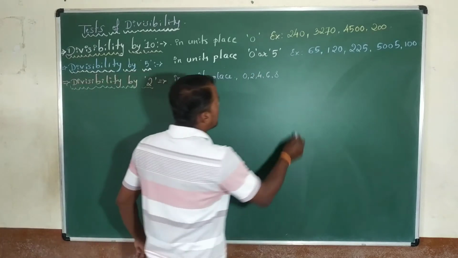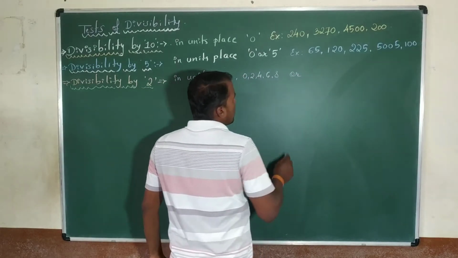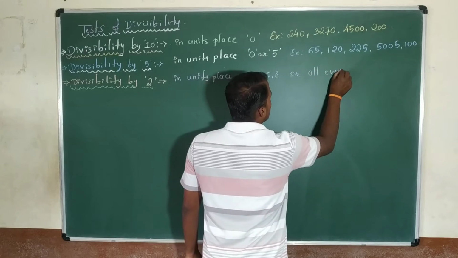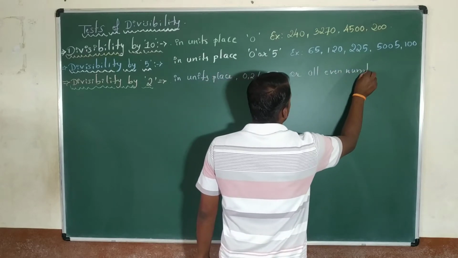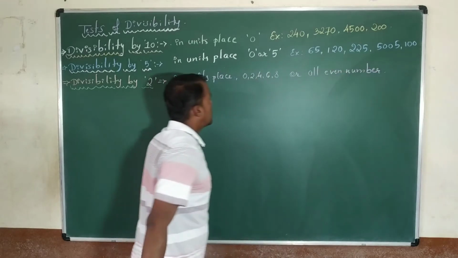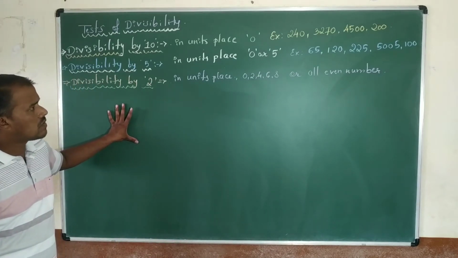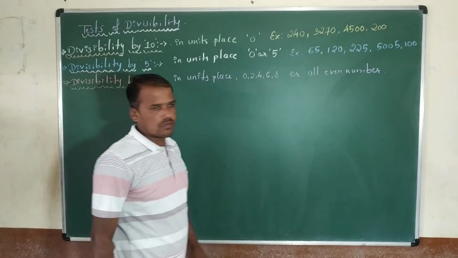Or in other words, all even numbers are divisible by 2. All the even numbers we studied are divisible by 2.